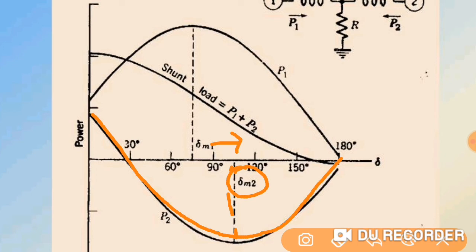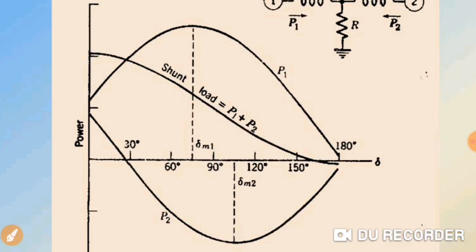So finally we can conclude that in this case the shunt load is equal to P1 plus P2. This is the total value which we have, which concludes that our del in this case will lie between 90 degree and 180 degree.